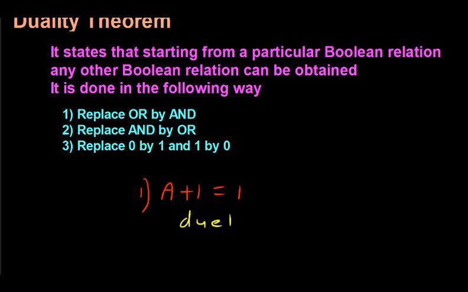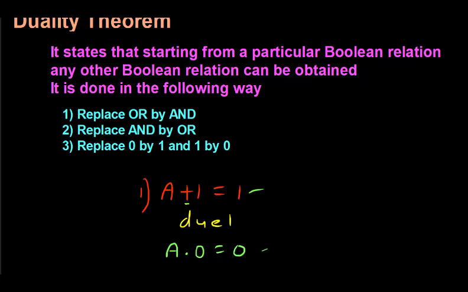The rule says this plus means OR, so OR should be replaced by AND, so this is dot, and 1 by 0, and again this 1 by 0. So this is one relation, and we got another relation. This is how we get the dual.